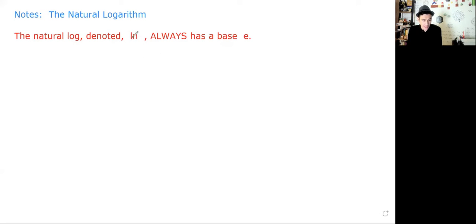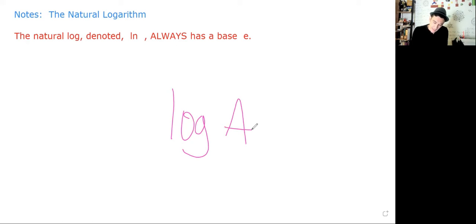That is not a 1, that is not an I. That is an L and that is an N. So it's ln. Now you should know that natural log always has a base of e. So don't copy this here in pink, but you know how for log, if there's no number right there, you always put a 10, and that it doesn't have to be a 10.